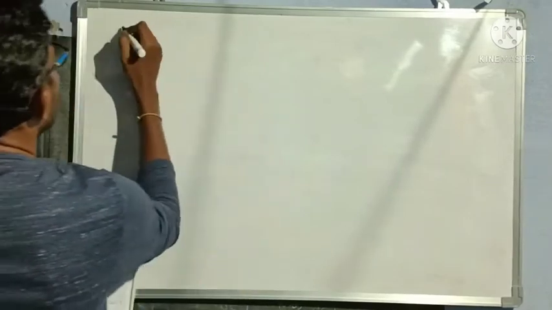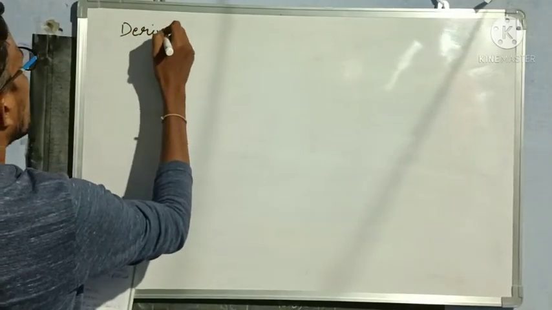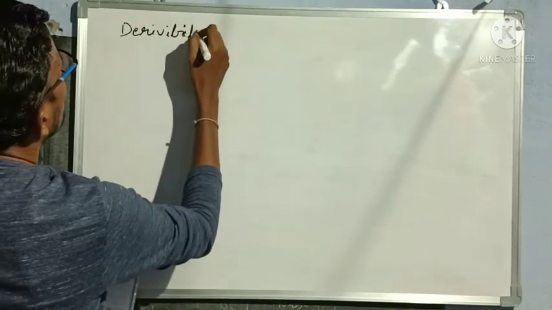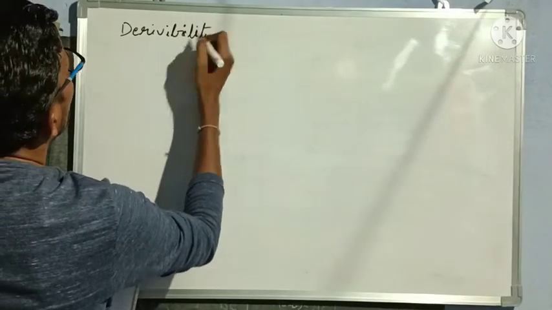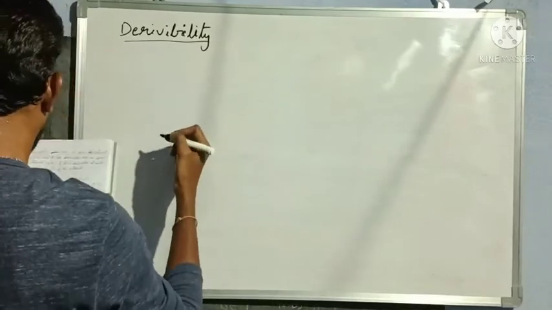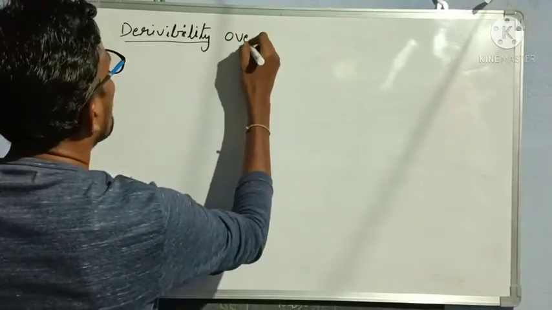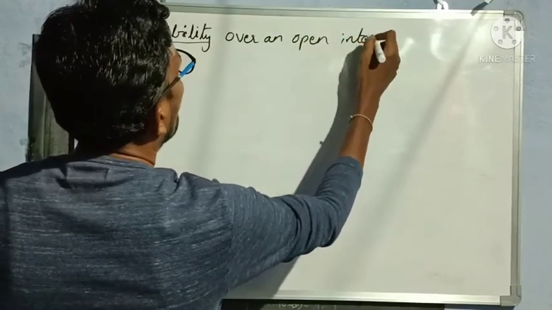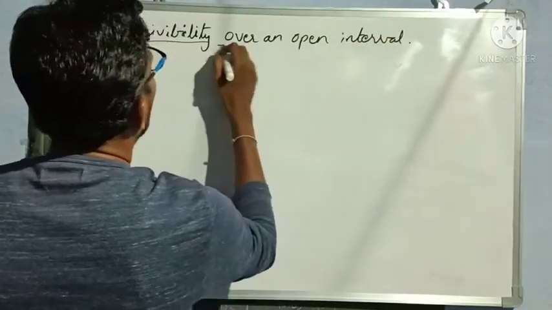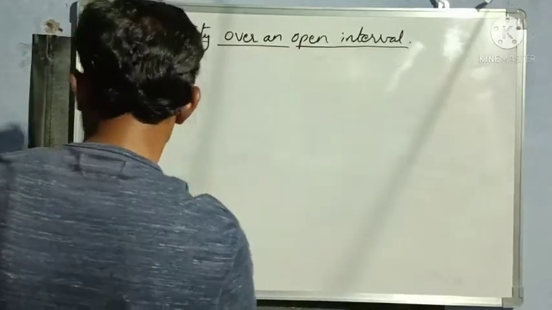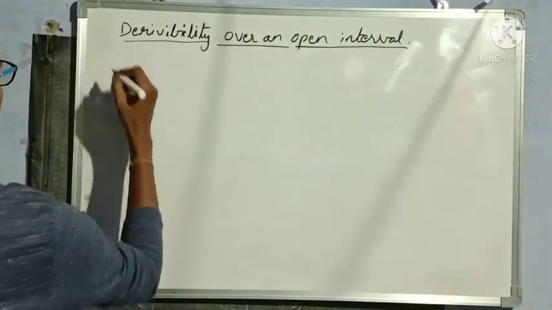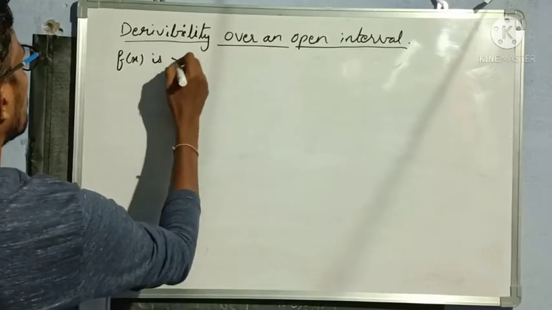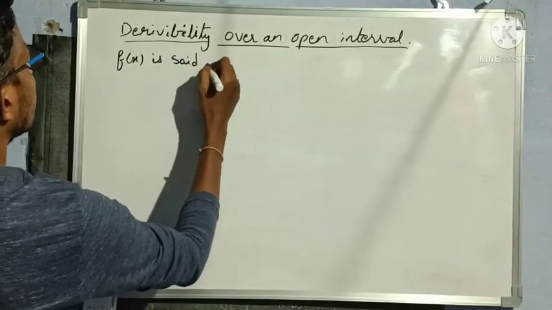So next concept, derivability over an open interval. How to find out derivability over an open interval? What is the meaning of this sentence? So f of x is a function.